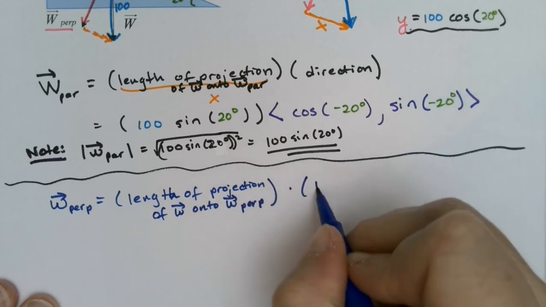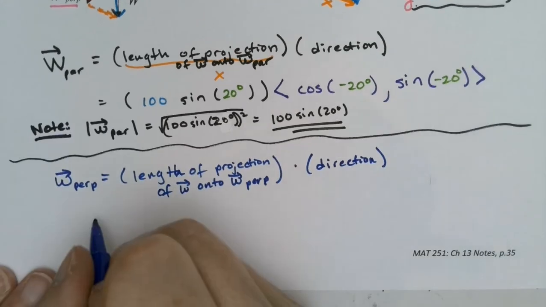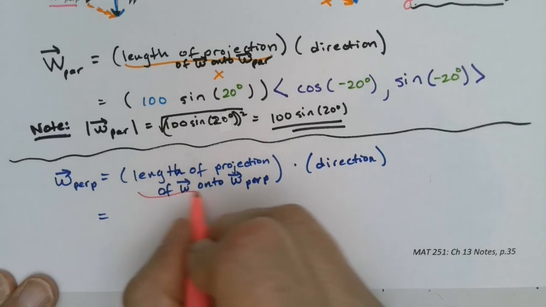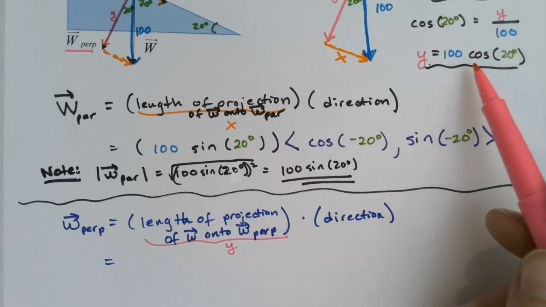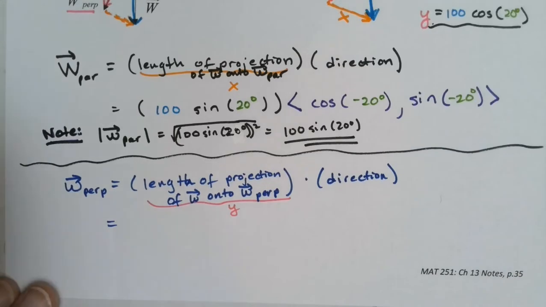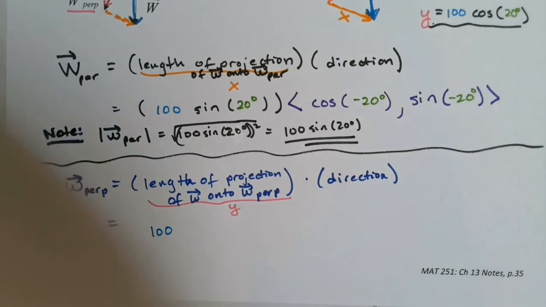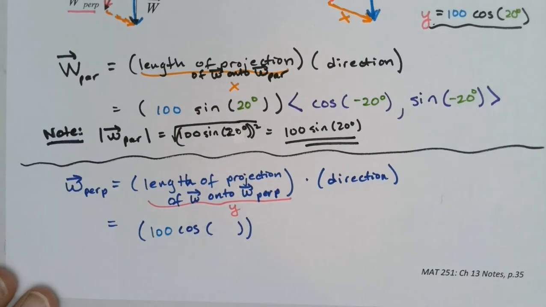And of course, we're going to multiply it by direction. All right, well, we already know this piece is y. And we found y to be 100 cosine of 20 degrees. So that part isn't going to change. It's still 100 cosine of 20 degrees.